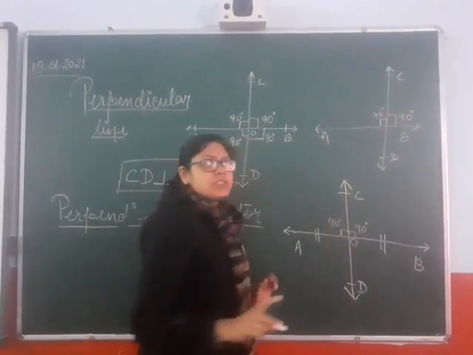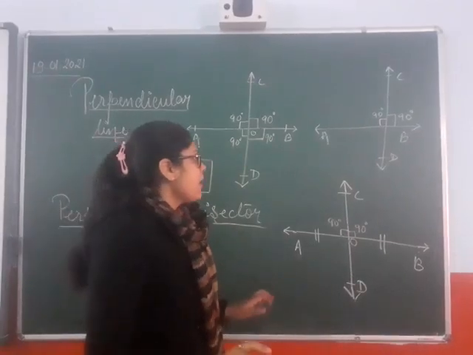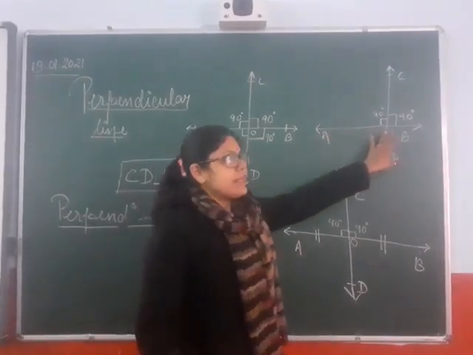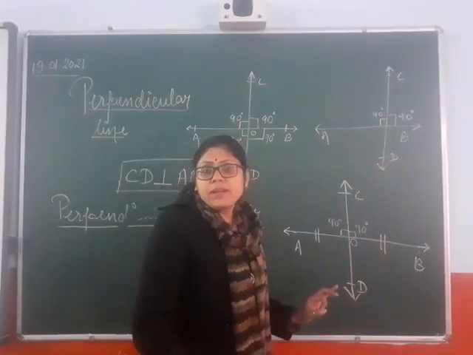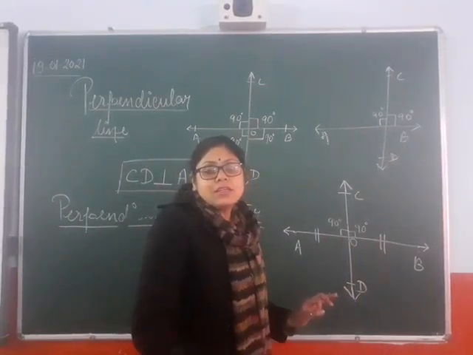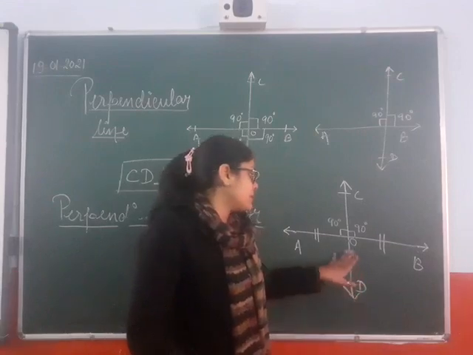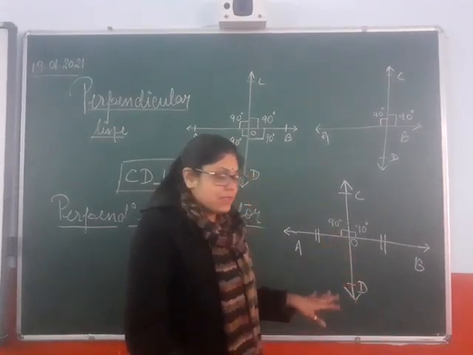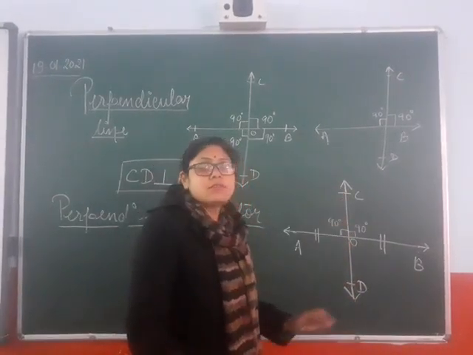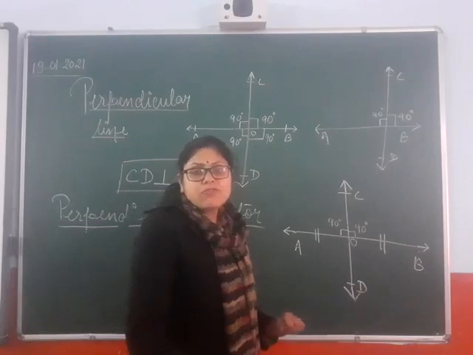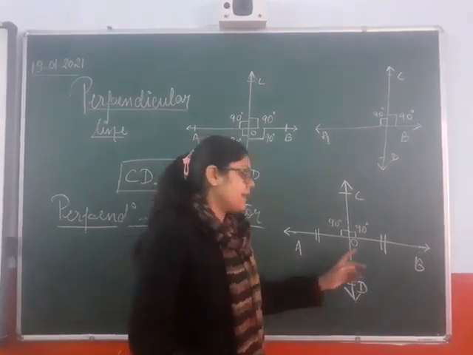But you will not say it is a perpendicular bisector. Why? Because these two sides are not equal, means it is not passing through the midpoint. That CD which is standing on AB is not passing from the midpoint of AB. But in a perpendicular bisector, this line will pass through the midpoint of the line AB.